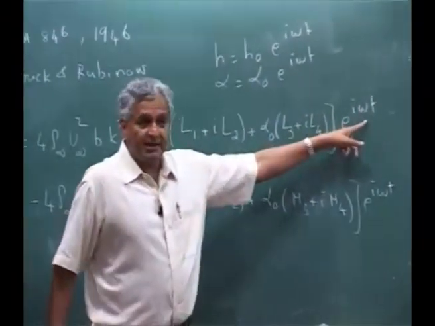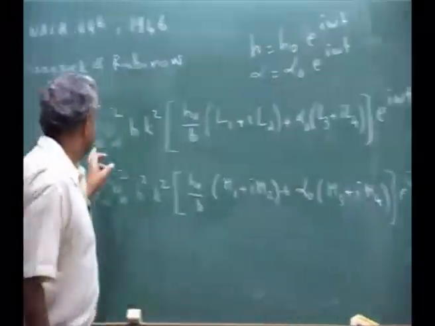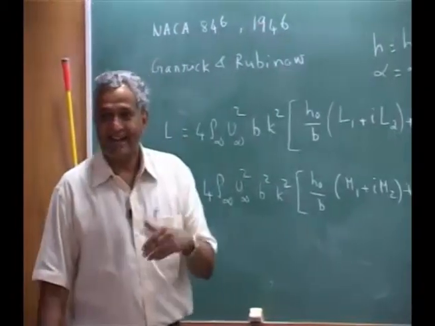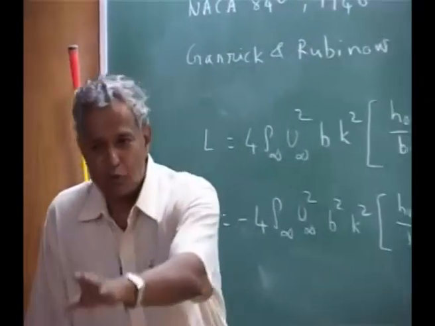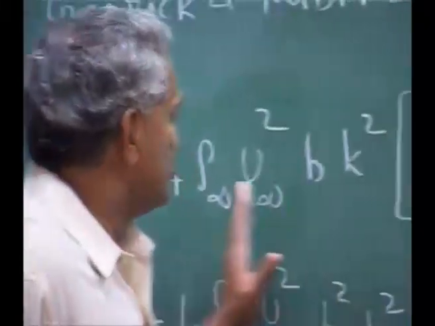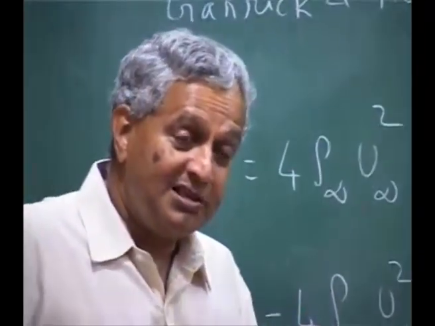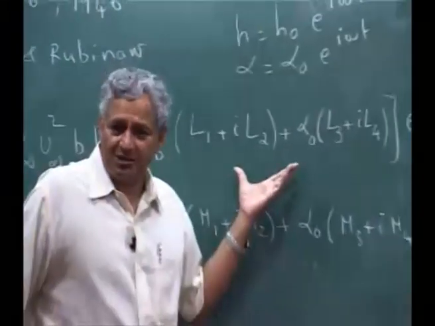Motion is at omega t, and the lift is having a phase difference with respect to the motion. That is why lift will actually be a little slower depending on how the phase comes out to be.